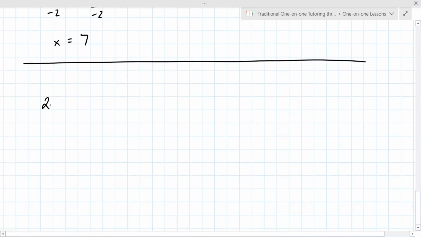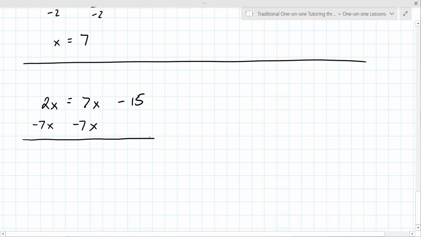Let's go 2x equals 7x minus 15. Okay, so we want to move the variable left. So that's just get in the habit of always doing that here. So you're going to subtract 7x from both sides.